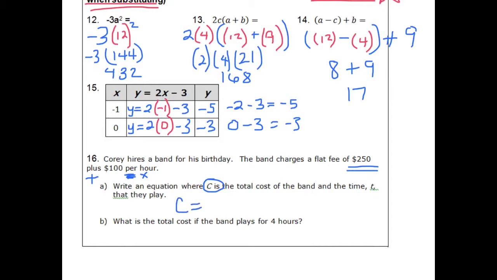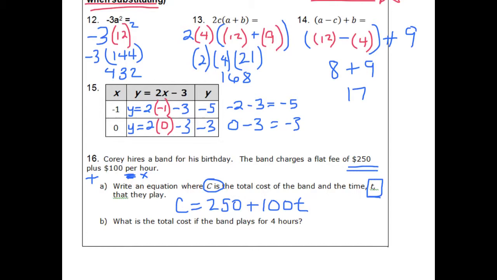C equals the total cost, which is going to be our $250 plus. And then we know that it's $100, and we've already figured out that per means multiplication. They've told us that our hours, or our time, is T. So 100 multiplied times T, so 100T.